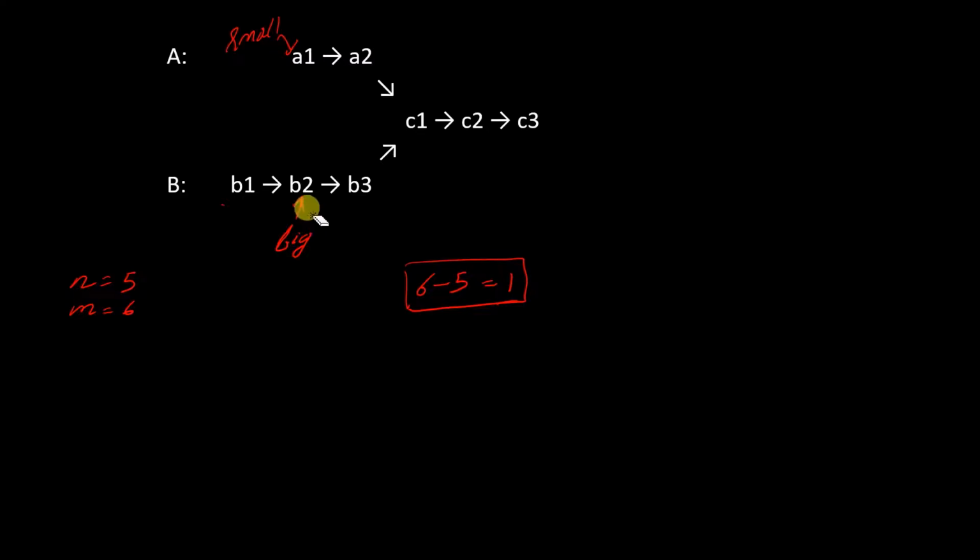After this, big will point here and small will point here, and we will check if both the nodes are equal or not. If they are not equal, we will again advance both the pointers. So here comes big and here comes small. Now this is the point where big is equal to small.